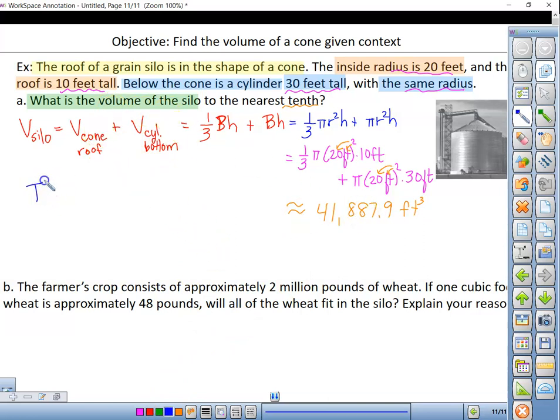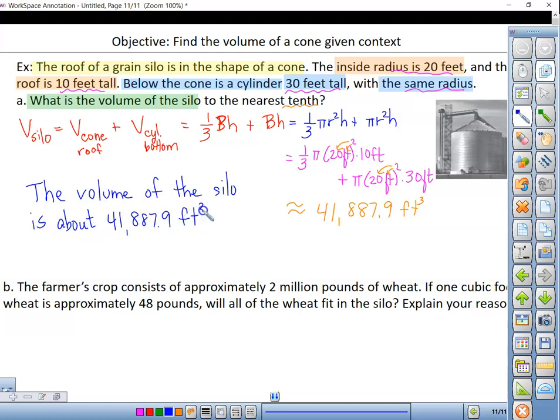So the volume of the silo is about 41,887.9 cubic feet.